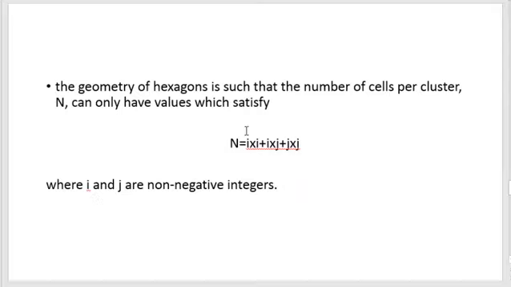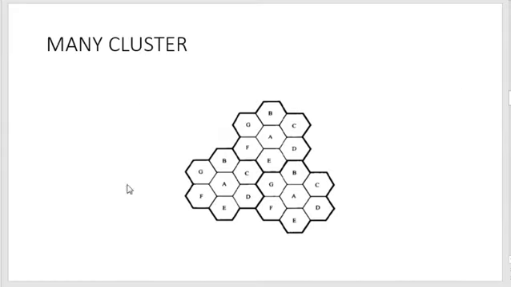For example, I will keep i equal to 1 and j equal to 1. So 1 plus 1 plus 1, what will come? N equal to 3. So one possible value of N can be 3. Here we are having 7.